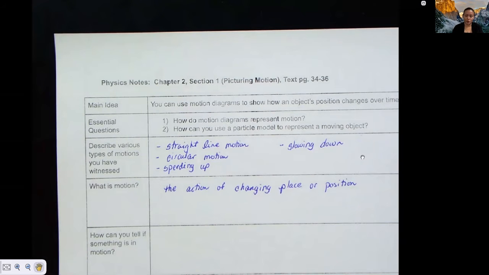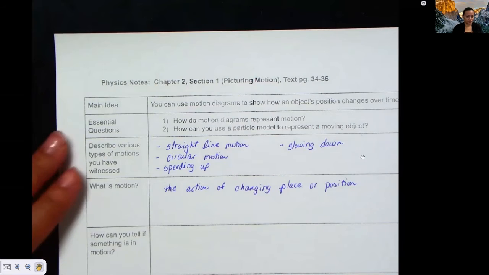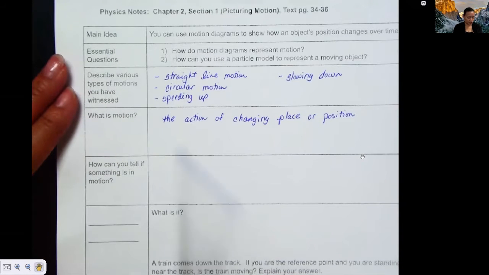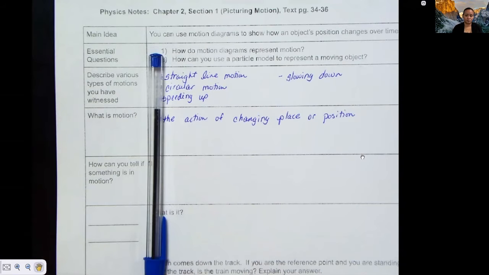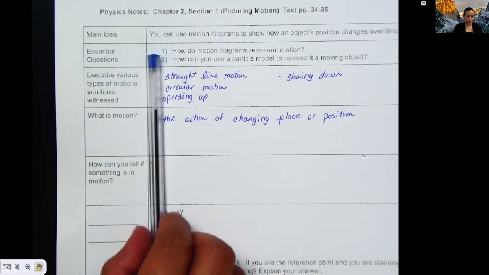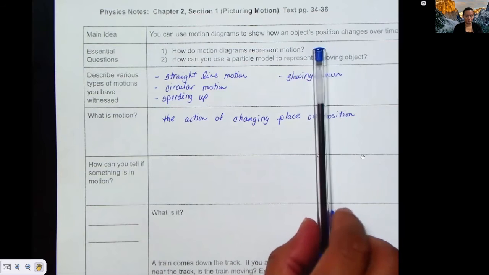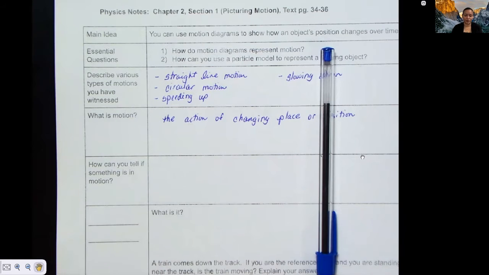So how do you know if that is taking place? Take a look here. Take a look at where my pen is. Now close your eyes. Close your eyes, no cheating. Keep them closed. Now open your eyes. Has my pen moved? Yes, it has moved. So how can you tell that it has moved?